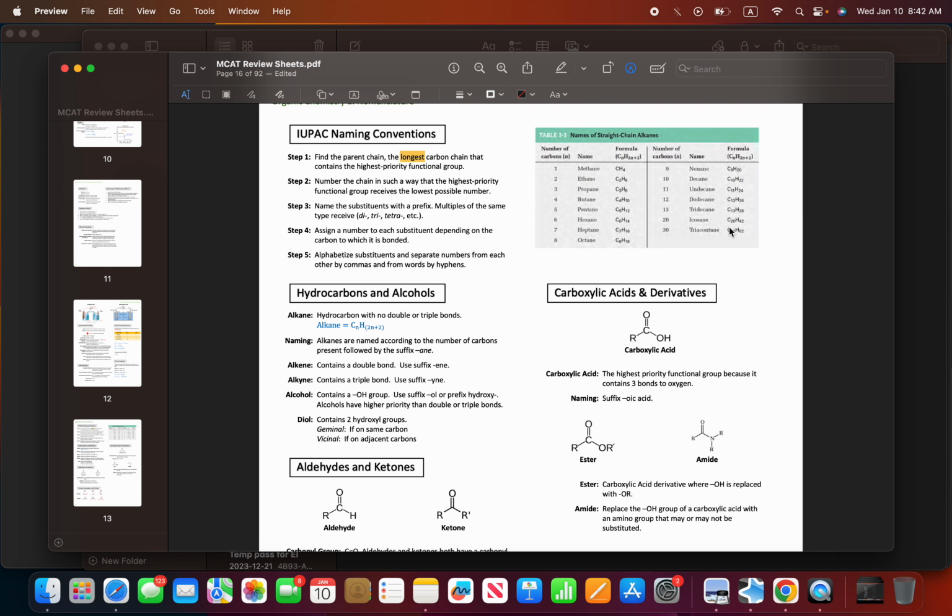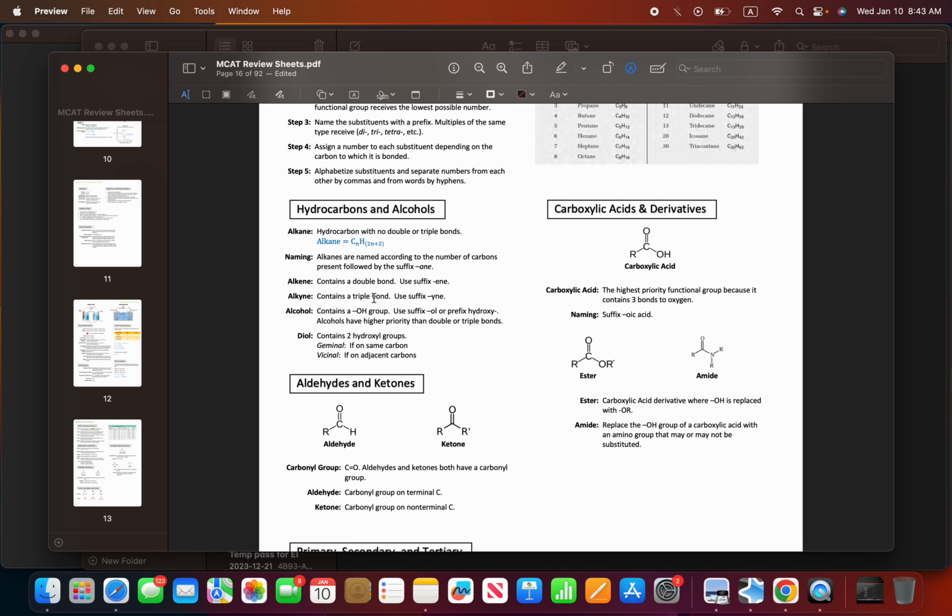For 14 it would be tetradecane, and so forth: pentadecane, hexadecane, heptadecane, octadecane, nonadecane, and we have icosane, and then triacontane. Yeah, so that should do the job for now.